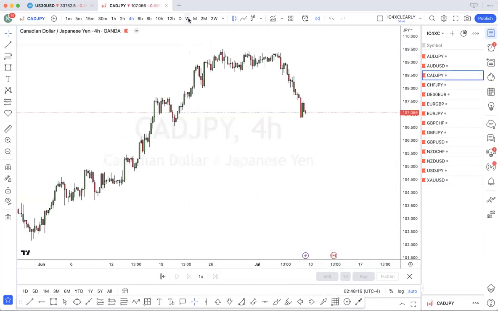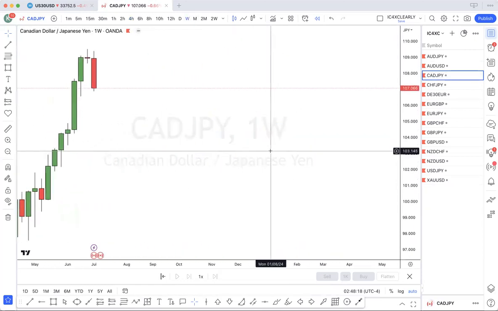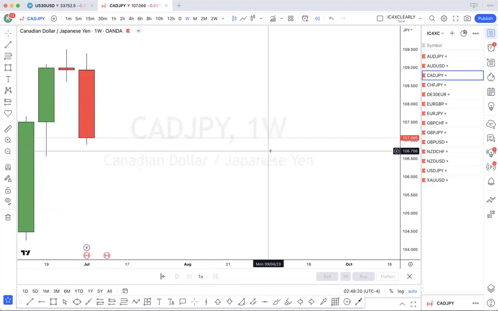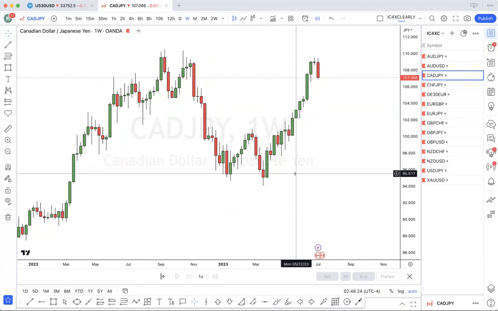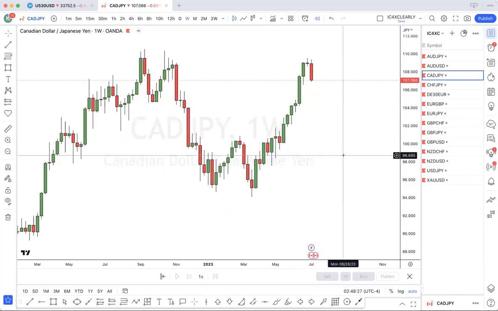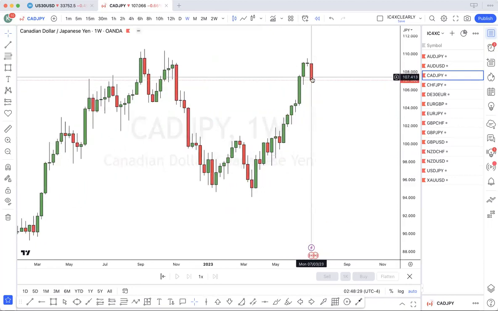CADJPY is a weekly. This last week was bearish.